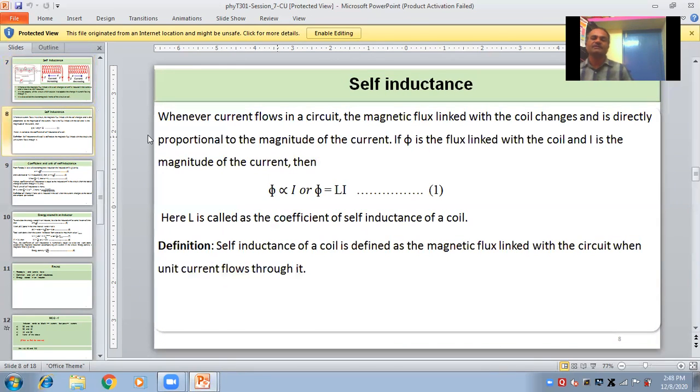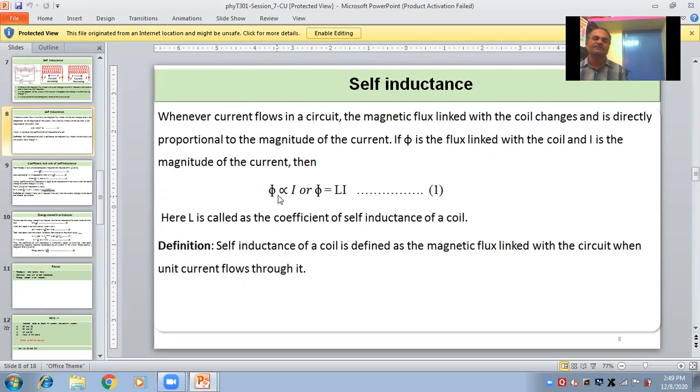After knowing the self-inductance, we'll have some equations here. Whenever current flows in a circuit, the magnetic flux linked with the coil changes, and it is directly proportional to the magnitude of the current. So flux and current are proportional to each other.